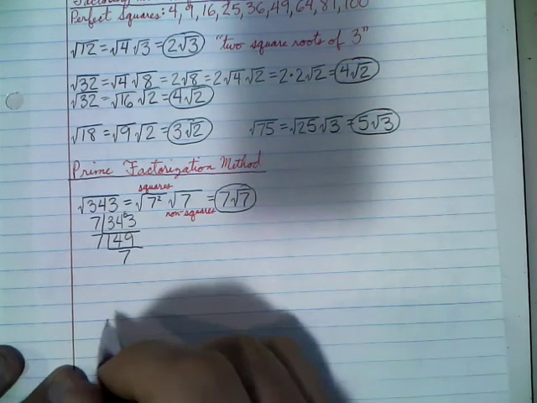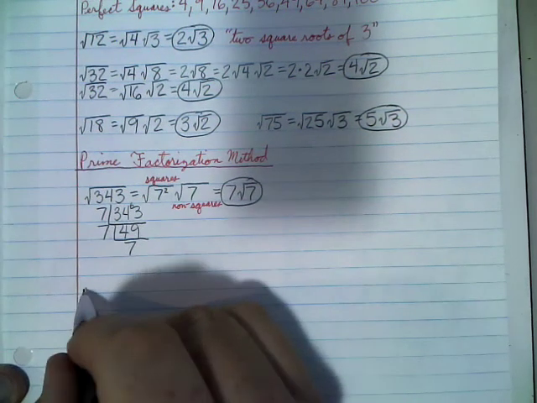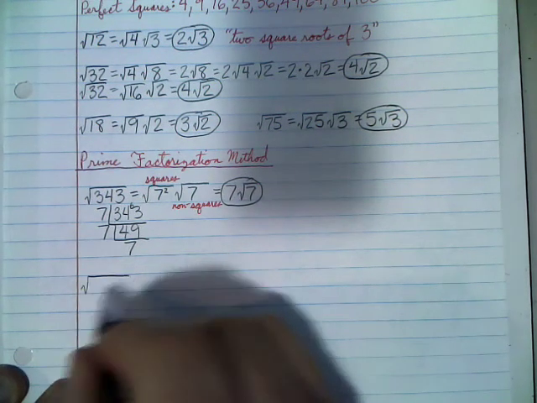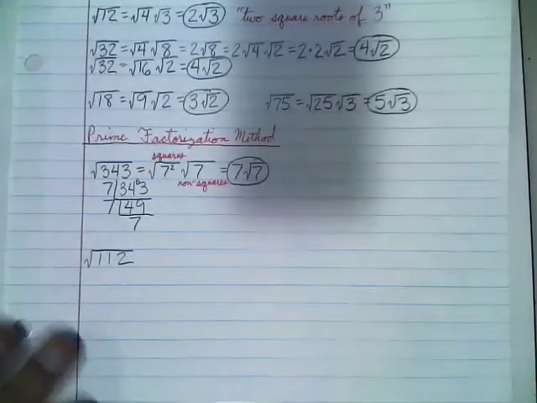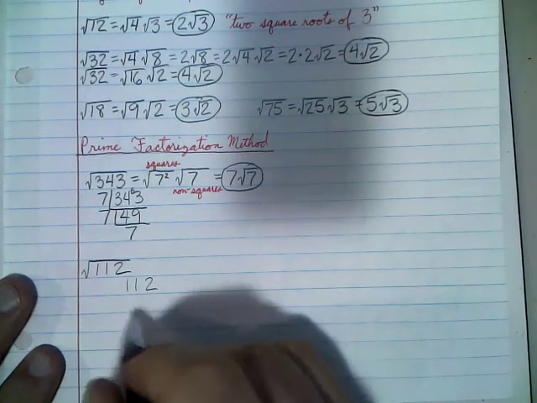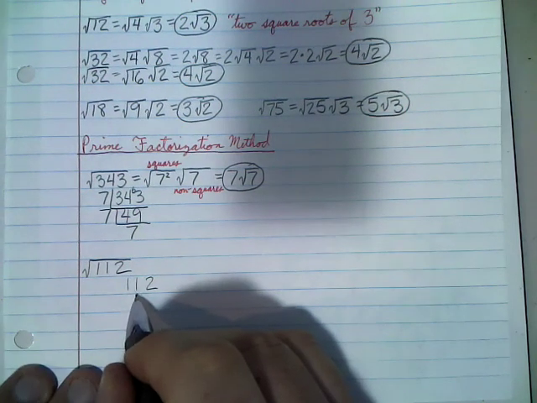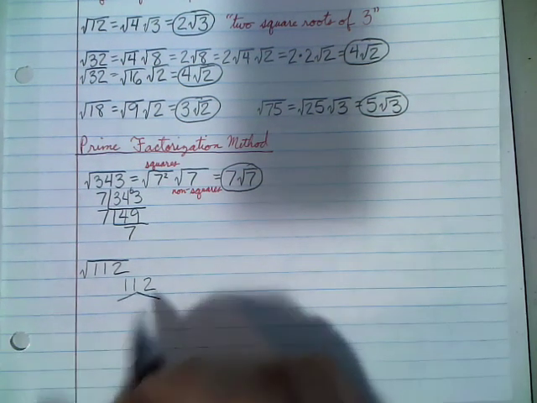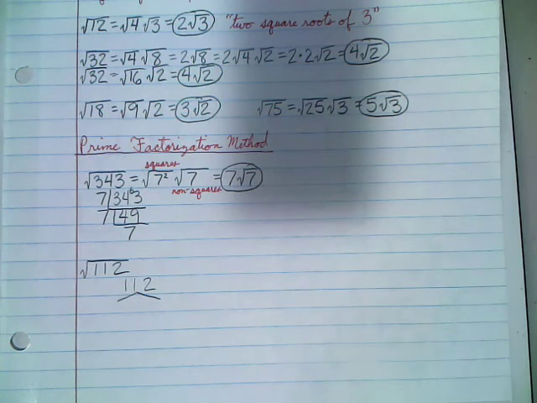All right, next example, we're going to take a look at this square root of 112. So to prime factorize this, I'm actually going to use a factor tree, because one of the things that catches my eye about this is I know that 4 goes into 100 because I'm thinking about quarters. I also know that 4 goes into 12.